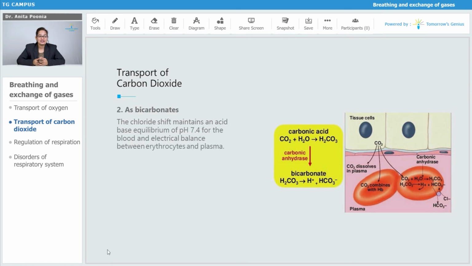And the chloride shift maintains an acid-base equilibrium of a pH of 7.4 for the blood and the electrical balance between the erythrocytes and the plasma.